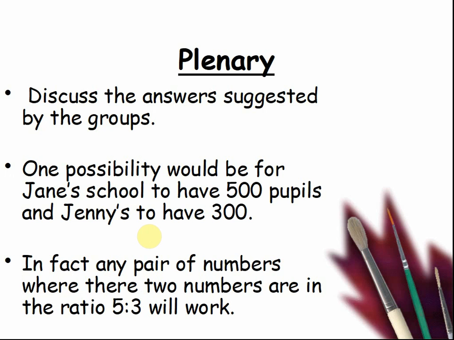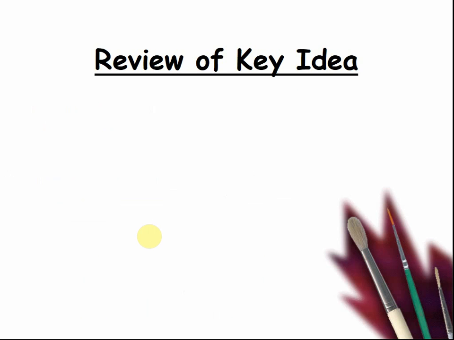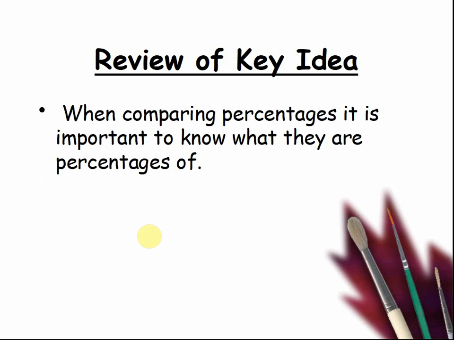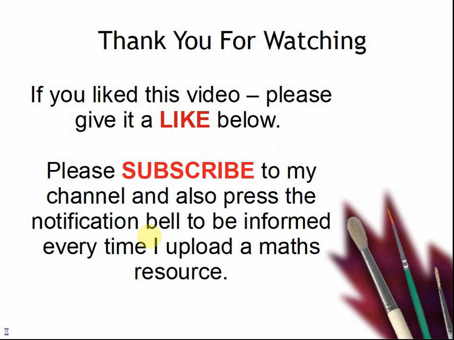In fact, any pair of numbers where the two numbers are in the ratio of 5 to 3 will work. Pause the video and discuss this. Review of key idea: when comparing percentages, it is important to know what they are percentages of. Did you learn this today?